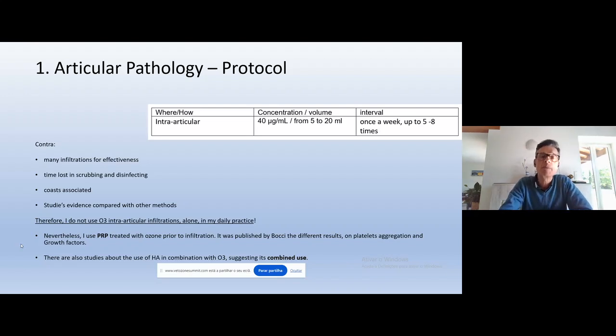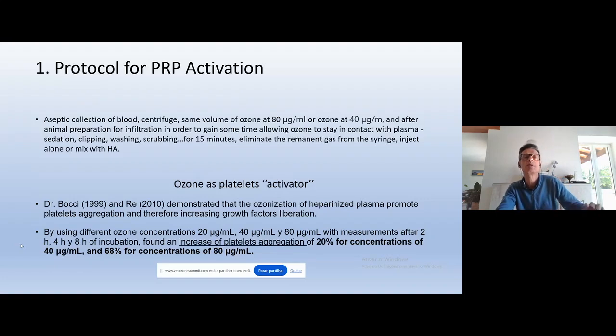Therefore, instead of using ozone directly, I use PRP, and I use PRP activated with ozone, as we will see.